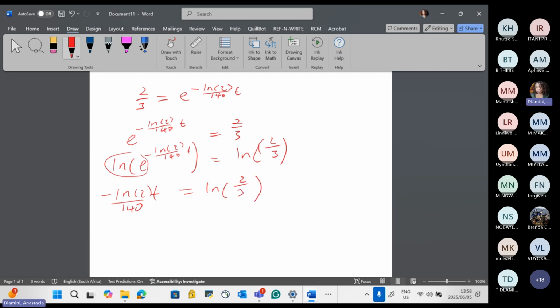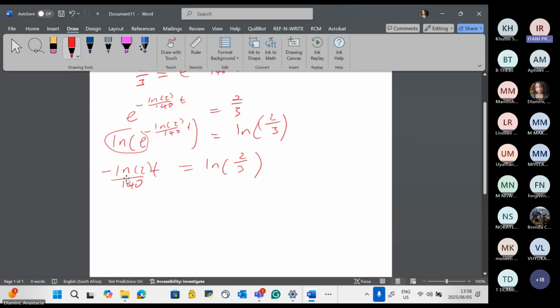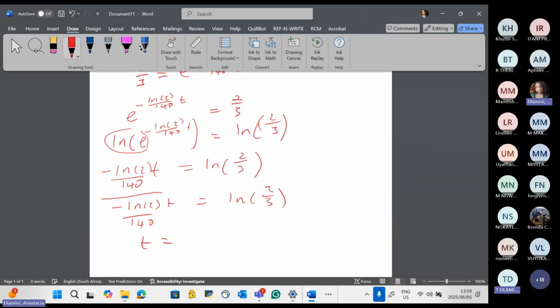Then we divide by the ln of 2 over 140, with the minus. So then T is equal to ln of 2 over 3 over ln of 2 over 140.